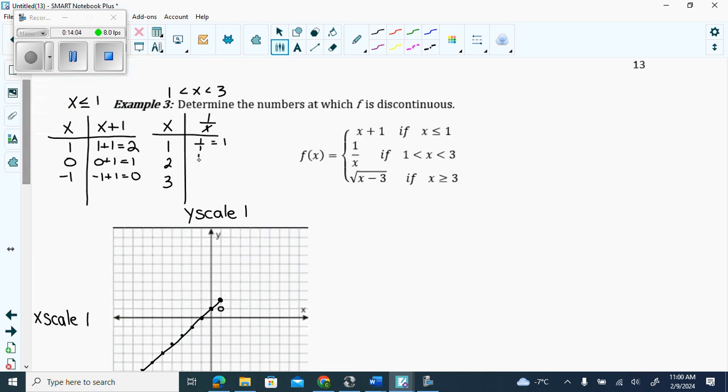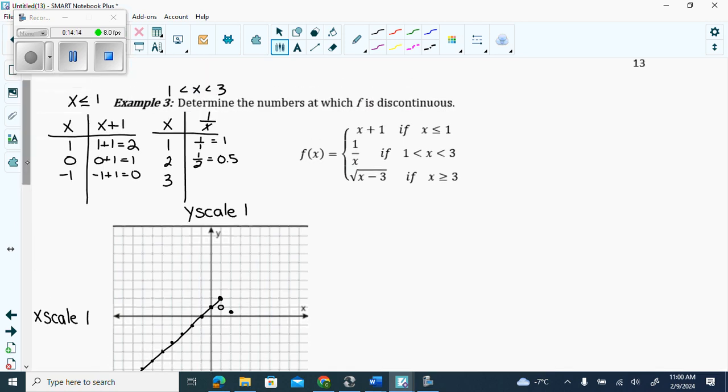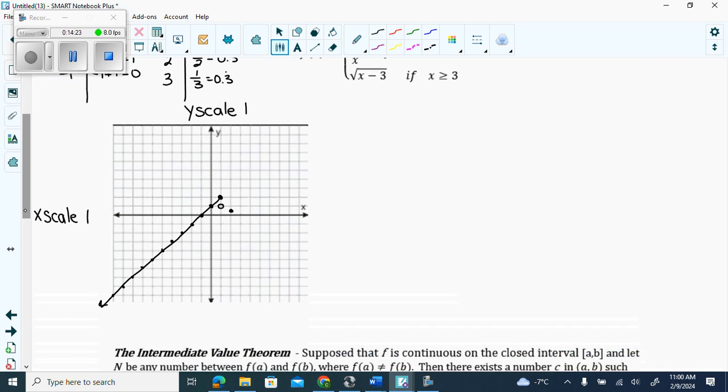Then I have 1 over 2. So it's 2 and 0.5. Closed dot. Then I have 3 and a third, which is 0.33333 repeating. Open dot. Right? Connect. Just a small piece of a rational graph.